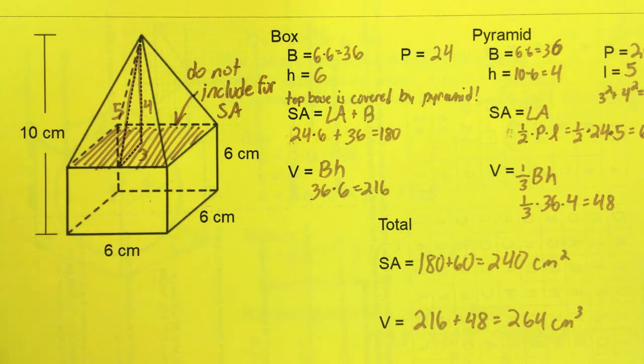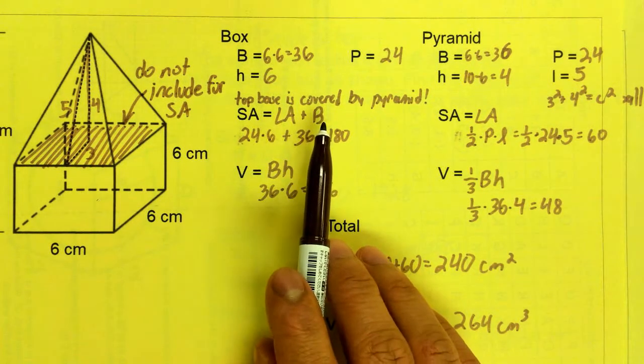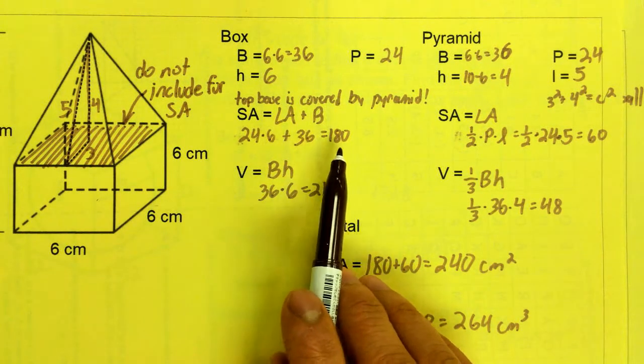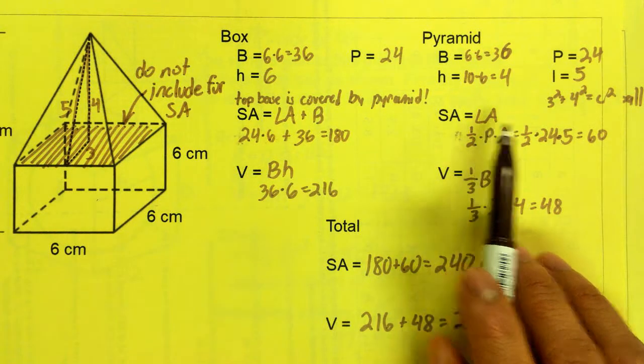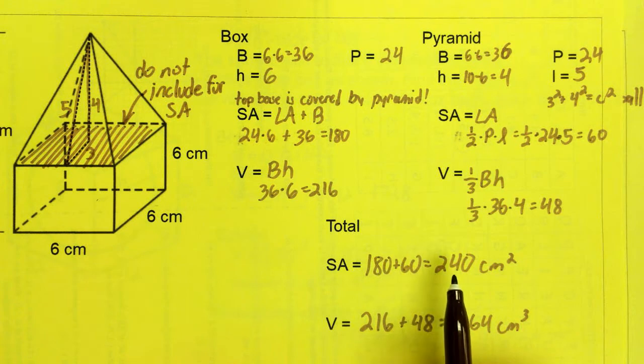We don't see it, it's on the inside. So I have around my box plus the bottom of the box 180, then around the pyramid 60, and together 180 plus 60 to get 240.